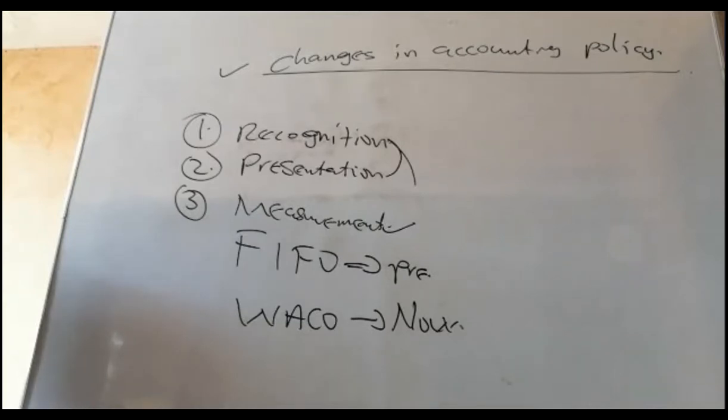So now let's look at the accounting treatment. That's the most important section. The accounting treatment. So take note of the accounting treatment. So anytime you change your accounting policy, how do you treat the change in your books or the financial statements?